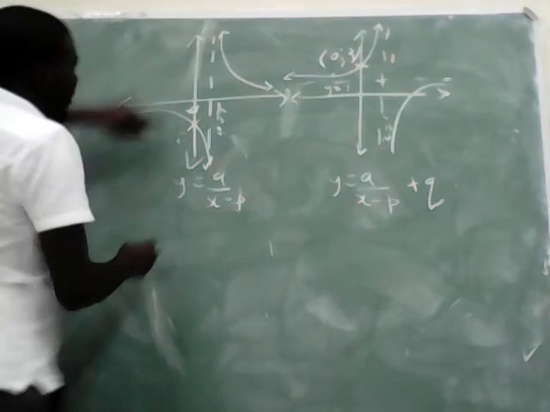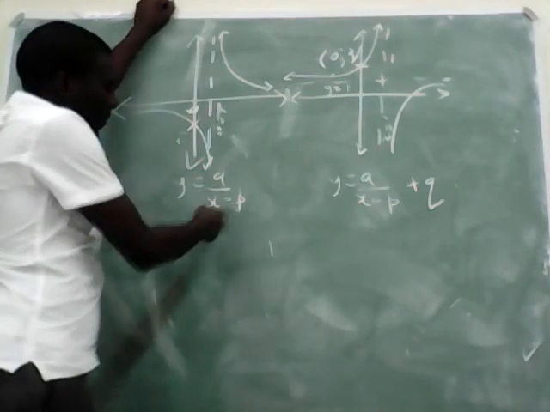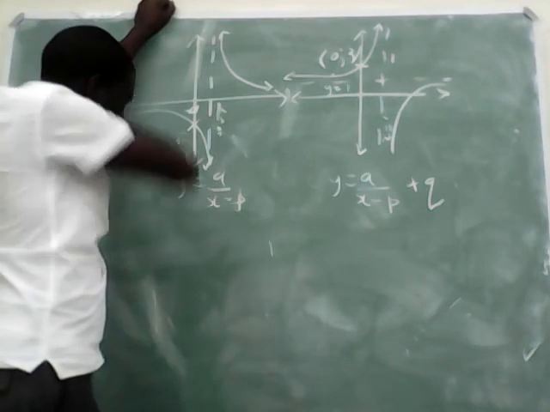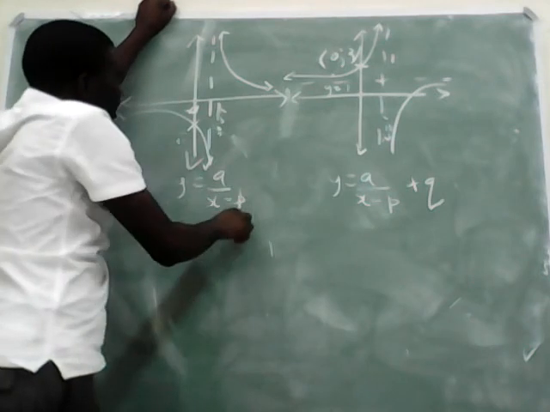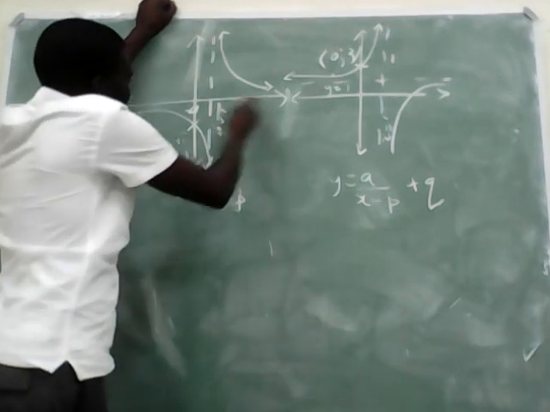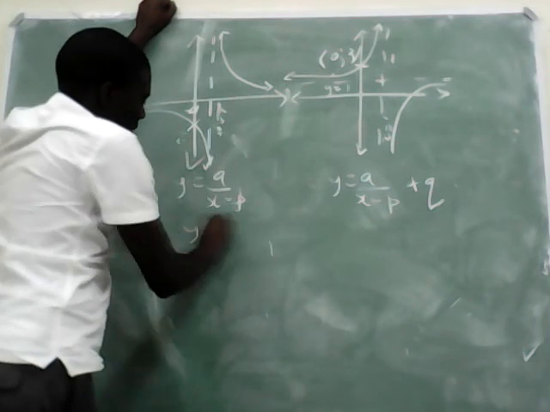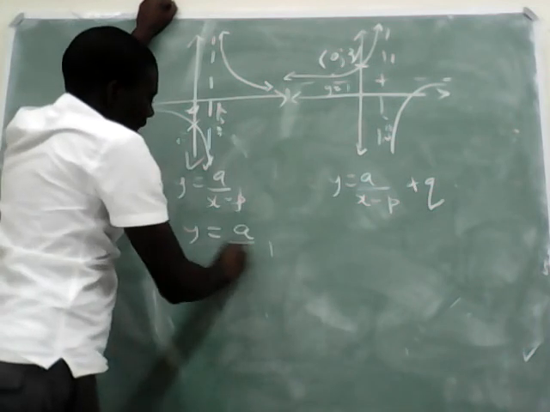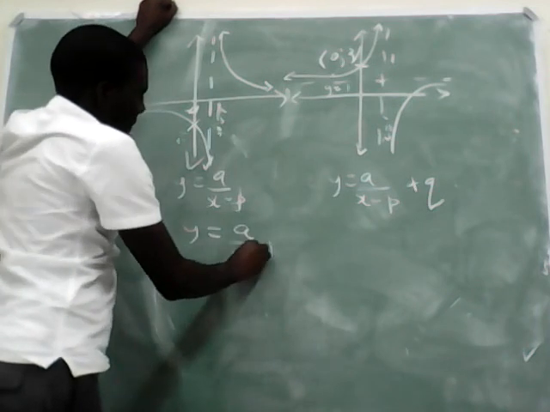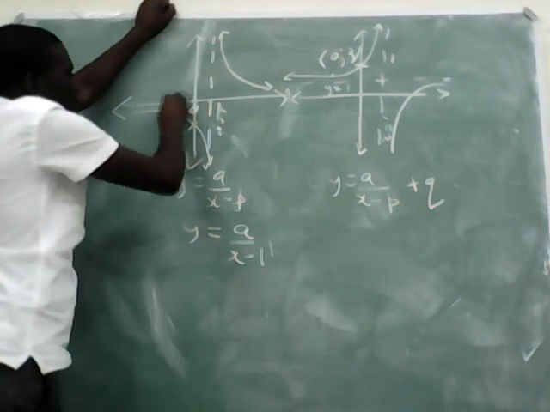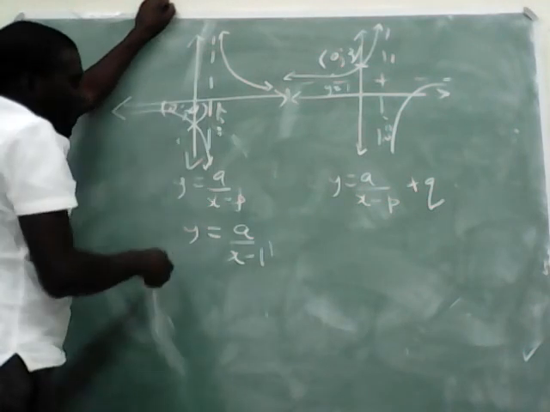Here there's a shift. Let's find the equation of the hyperbola. First we need to find the value of a. p is known because the shift is to the right, x equals 1. So that would be y equals a over x minus 1. They give us a point, 0 and -4.